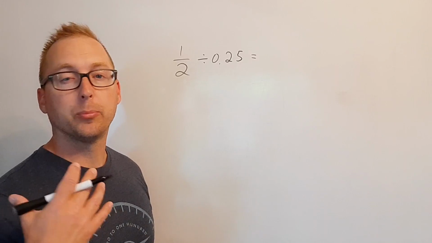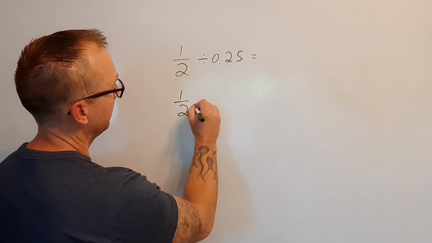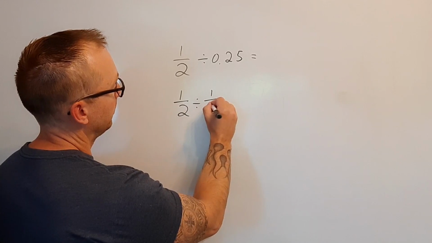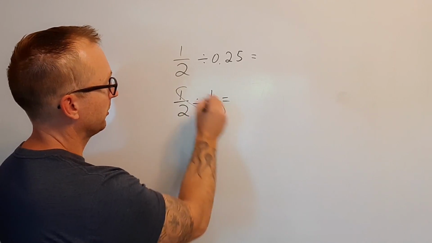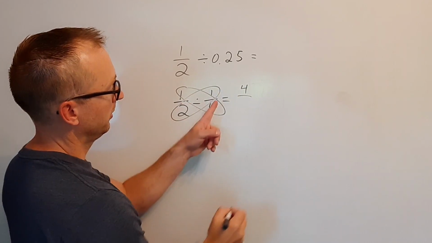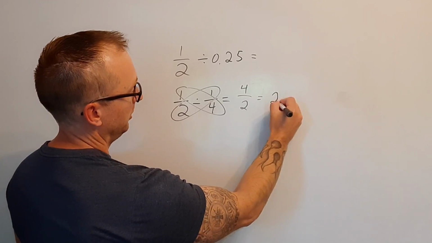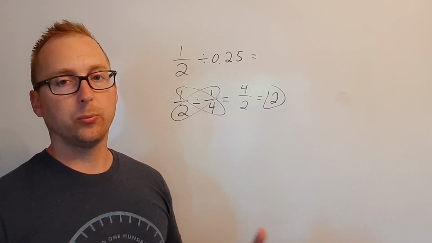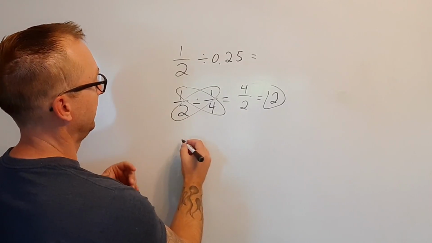Now that we know what our 0.25 is as a fraction, let's rewrite this. So 1/2 divided by 1/4 equals, we've done this before, let's cross multiply, so we have 4 over 2, equals 2. And what if we didn't want to simplify? Could we do that? Yeah, we sure could. Let's try it.